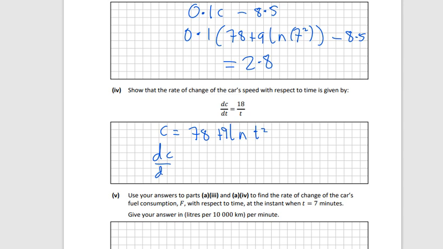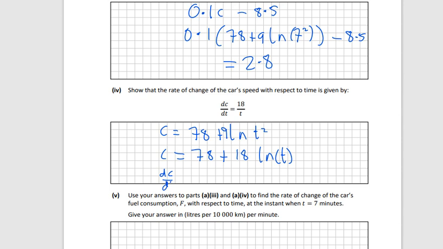Actually, what I'm going to do first, to make it a bit clearer, I'm just writing c again, but I'm going to take the 2 at the power and move that 2 down in front of the ln. So that's just using one of the rules of logs. So it's 78 plus 2 times 9, which is 18 ln t. So that's the c. We haven't differentiated yet.